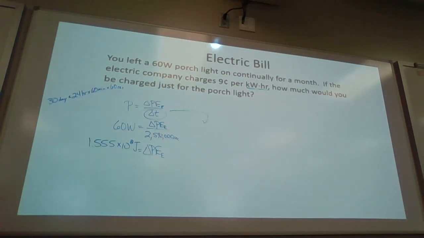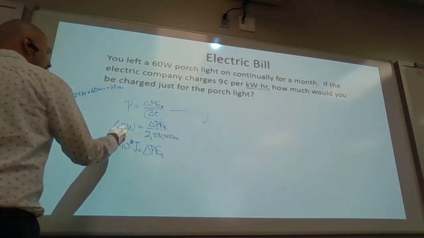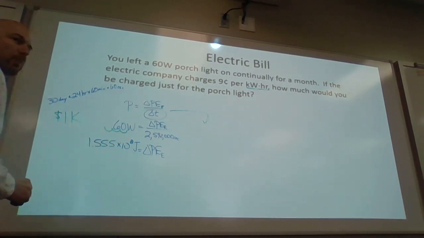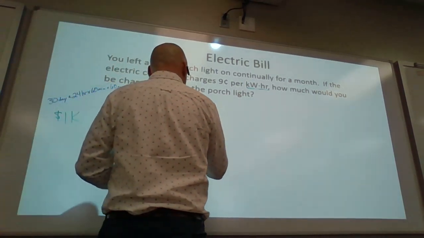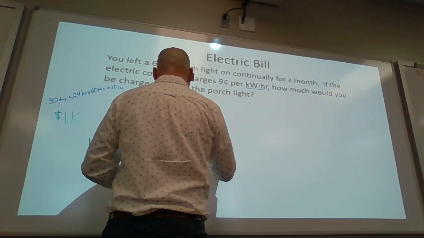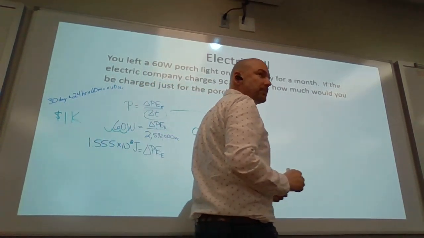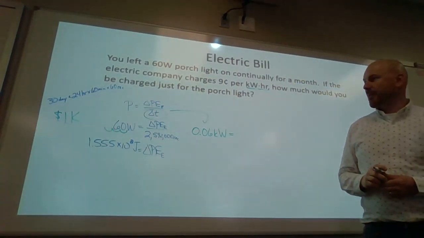Here's a connection. What does kilo mean? 1,000. So we're going to divide by 1,000, moving three decimal places.